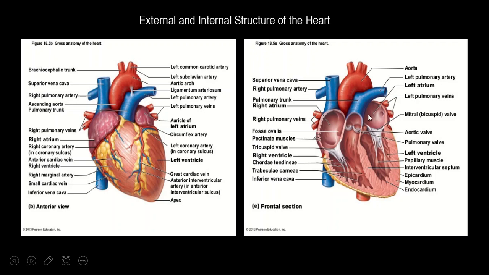This is the left atrium. These are the left pulmonary veins. So this is the bicuspid valve. On the right side is the tricuspid valve, and between the left atrium and left ventricle is the bicuspid valve or the mitral valve.